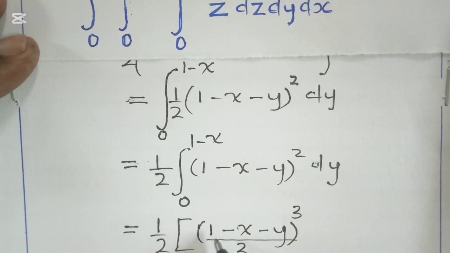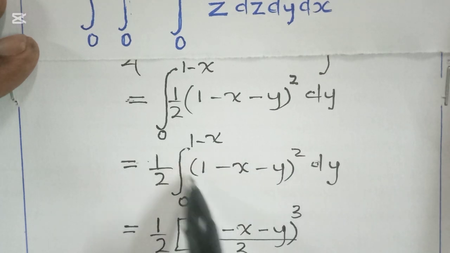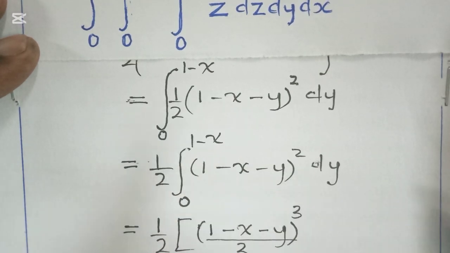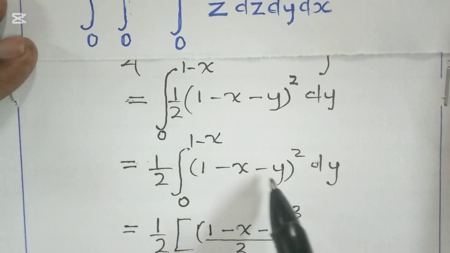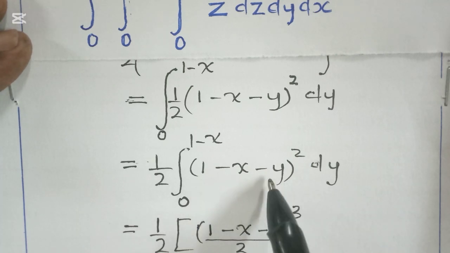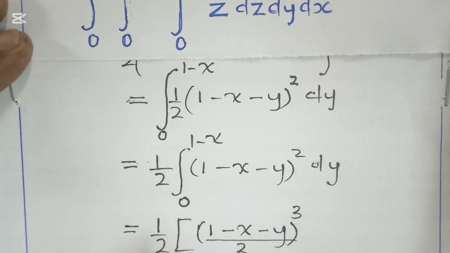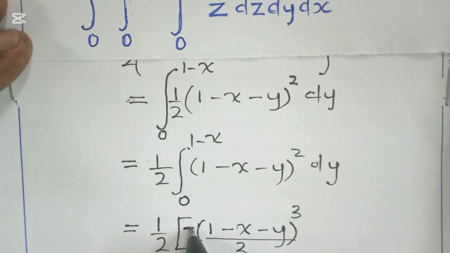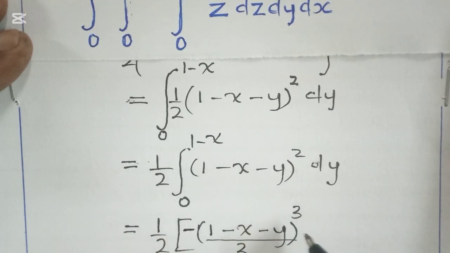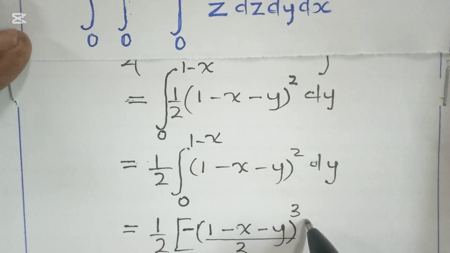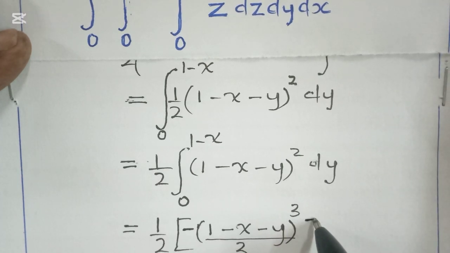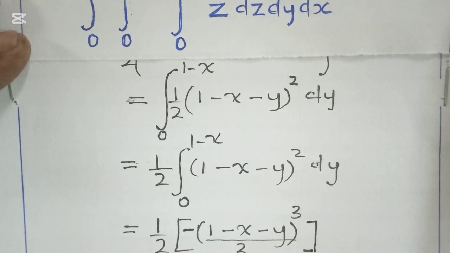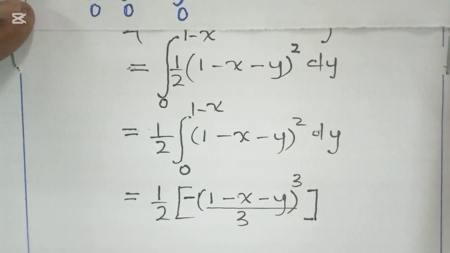So this one we consider as though it were u. And so for the differentiation of u, we get negative. So negative, we shall put it there. And this one, guys, I can show you how it comes about.